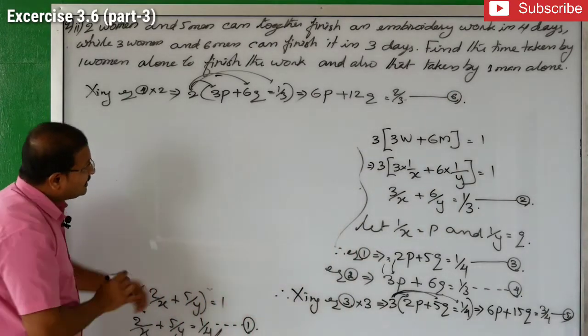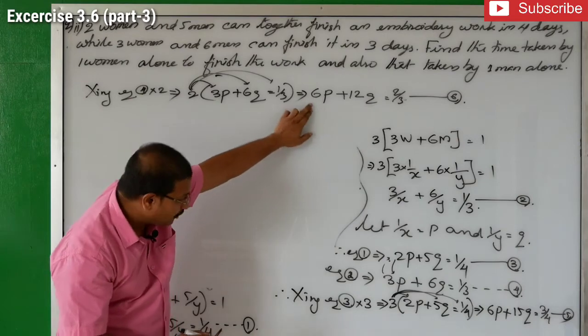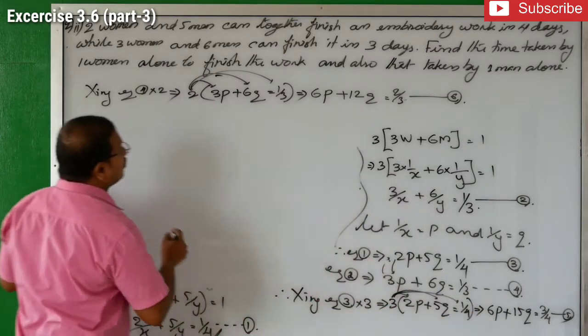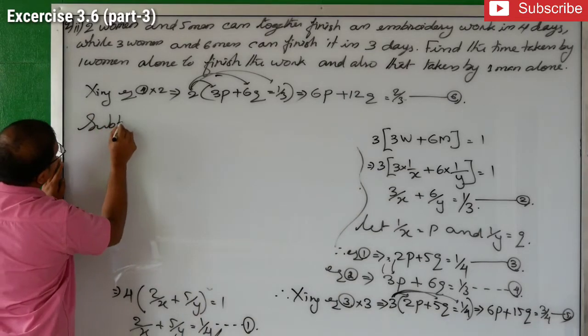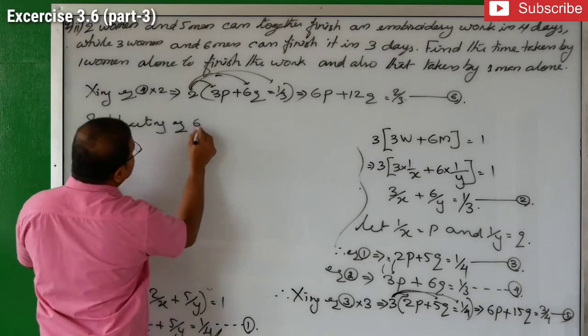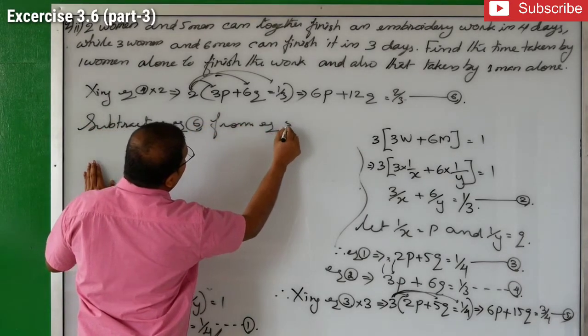Now see, 6p we got in the sixth equation, and of course in the fifth equation we got 6p, isn't it? Now you will write, subtracting equation 6 from equation 5.